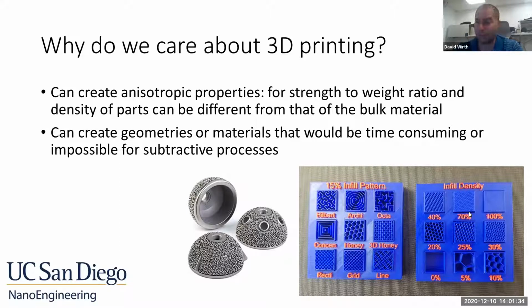And you can also create geometries that would be incredibly time consuming or downright impossible with other manufacturing techniques, like these hip replacement implants. These are made with a randomized sintered titanium powder, and there's no way you could fabricate this using conventional machining.